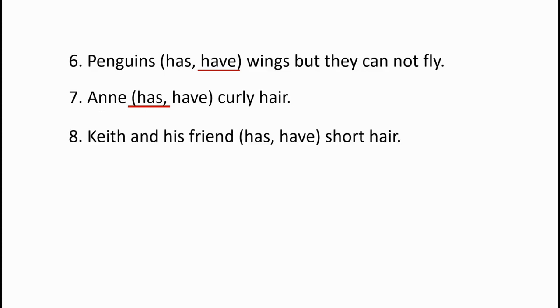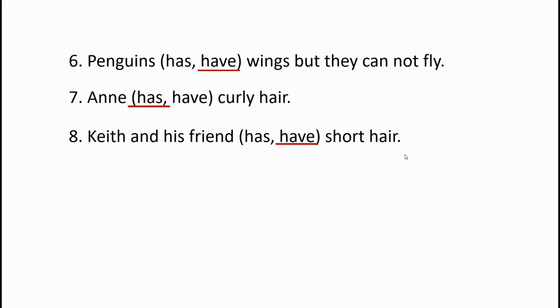Question number 8. Answer? Keith and his friend have short hair. So we use have here because our subject is plural, which are Keith and his friend.